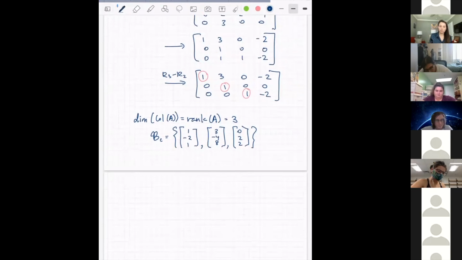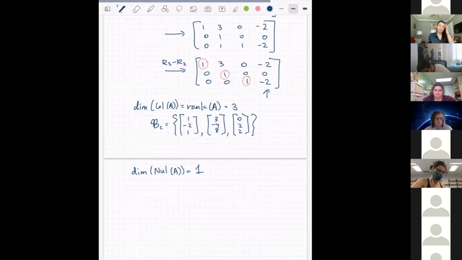And then we have one free variable, right? So that corresponds to x4, right? So the dimension of the null space of A is 1, right? And if we want to figure out a basis, we do have to compute that.